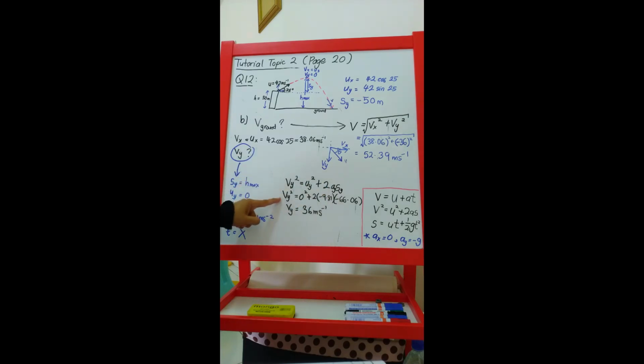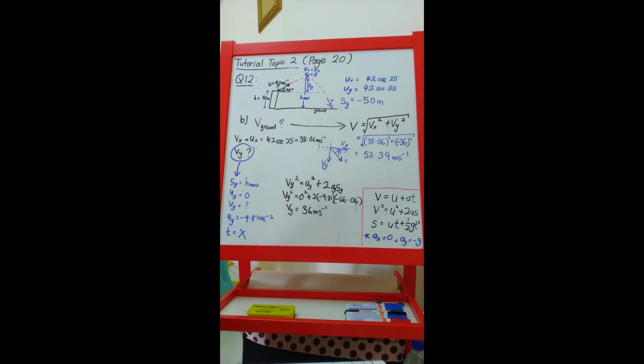So vy we want to find, uy is equal to 0 because I chose sy to be this. 2, ay this one. Sy is negative 66.6 because initial is here, final is here. Therefore, final is below the initial, so I need to put negative there. Got it? So you simplify, you get vy equals 36. That's how you get vy.